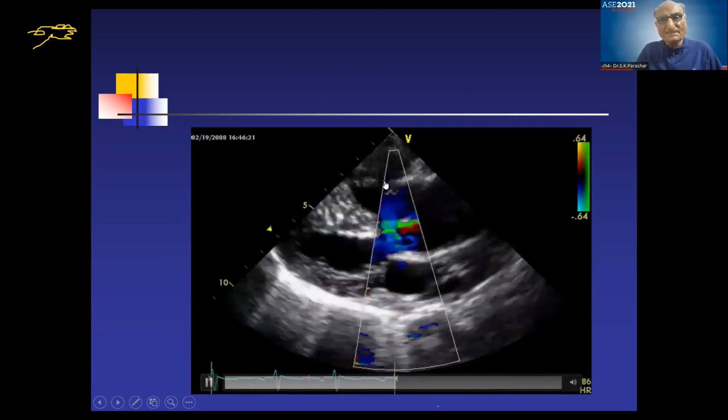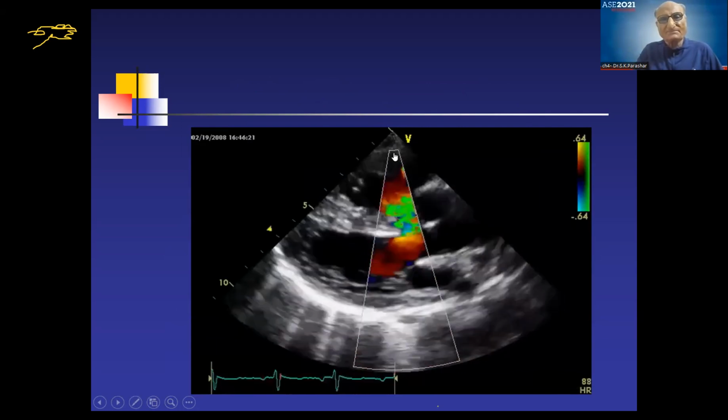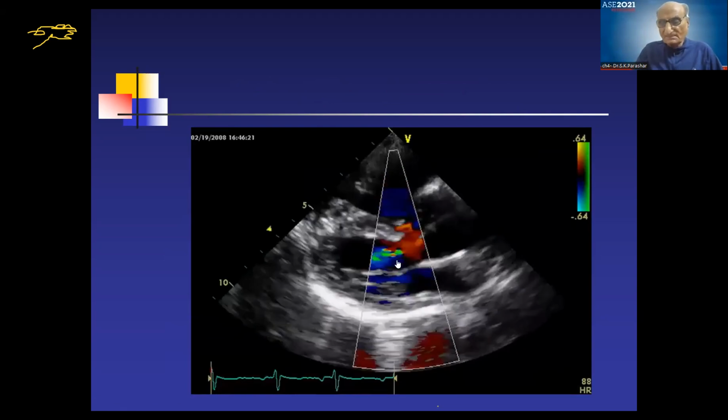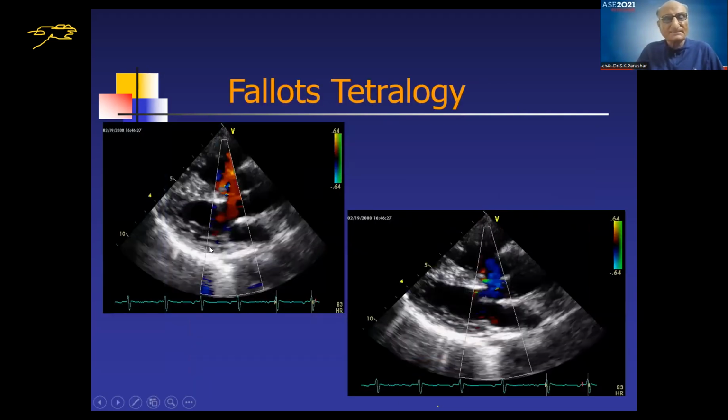The blue color is from the LV to RV because the transducer is pointing this side and this is on the right side. Now here you see a still image, with the blue flow indicating the flow coming from the right side. So this is a bidirectional shunt as you have seen here.